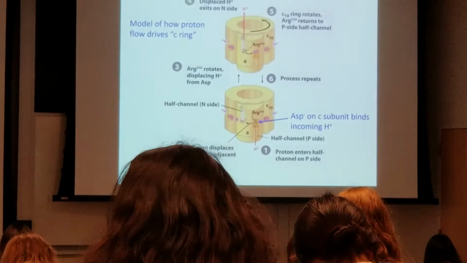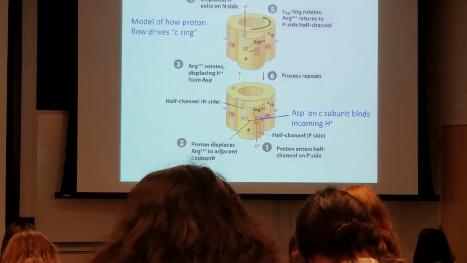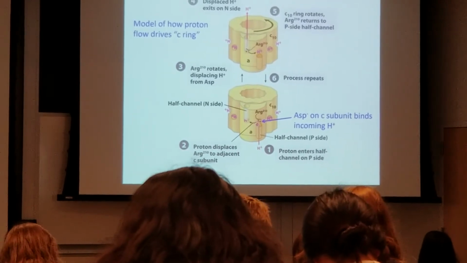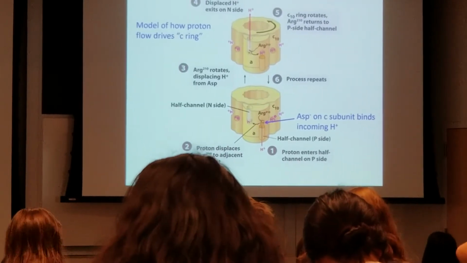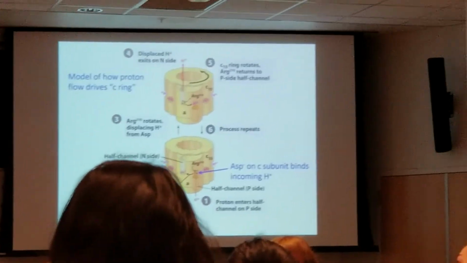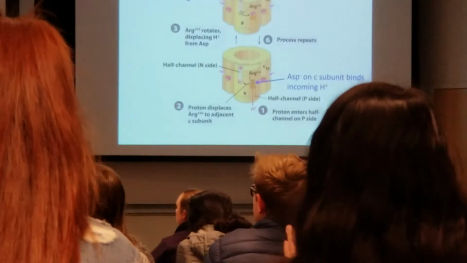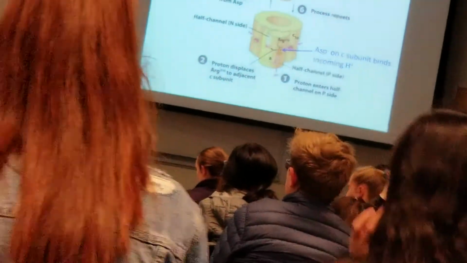Item 2 that the arginine does is that as this C subunit here that picked up the proton along with its brothers and sisters rotates around to the half channel that exits to the other side of the membrane, there's water and acid-base groups in this exit channel, just like there are for the entrance channel.